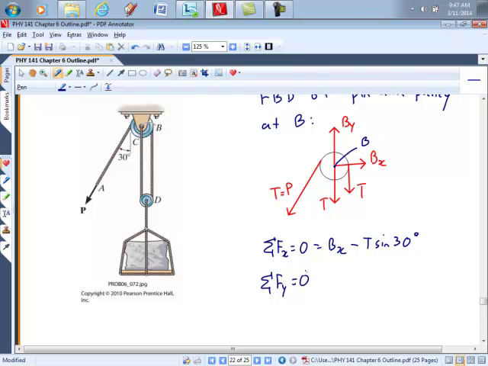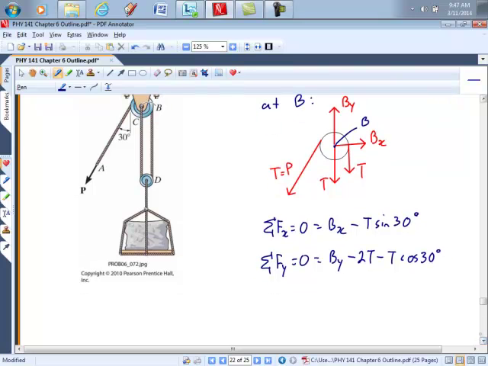Net force in the y direction is going to be By minus 2T minus T cos 30. That's another 2 of the unknowns. Can't solve. So we're going to need to move on. What part of the machine should we look at next?